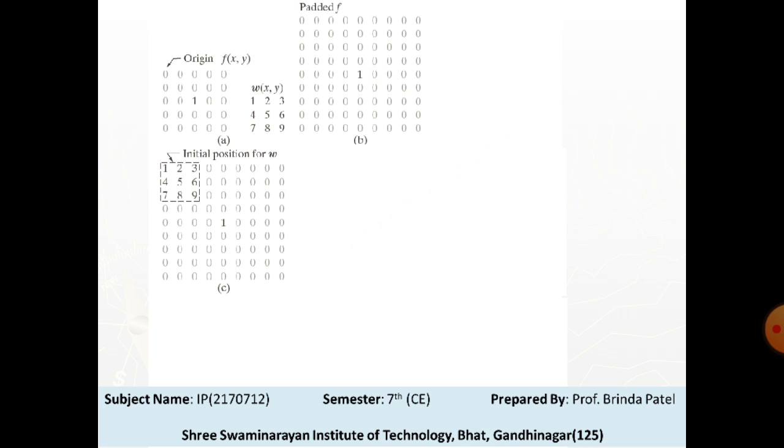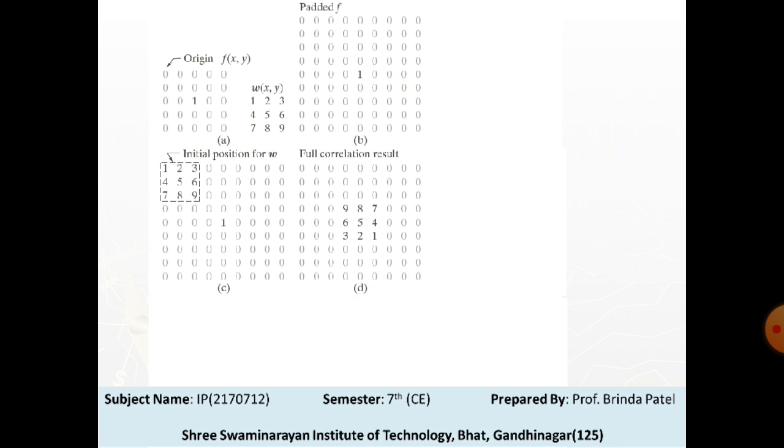Now figure C shows the initial position of the filter mask for performing correlation, and figure D shows the full correlation result. Figure E shows the correlation result cropped, so the result is rotated by 180 degrees.